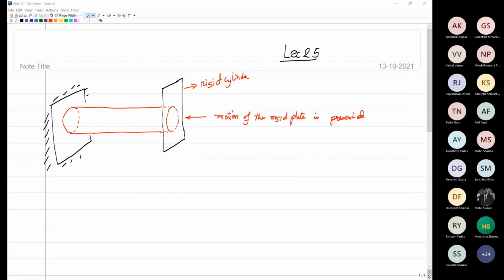And let us say it is some G naught, okay? The displacement of the rigid cylinder is minus some function G of t E3. And coordinate system, you all know how it is.